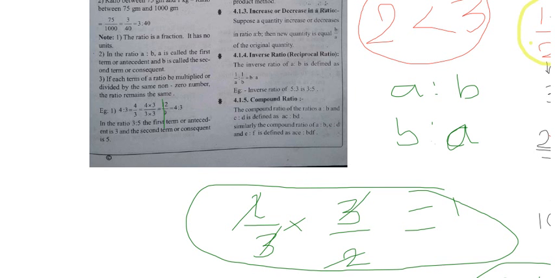Look at the screen. If the ratio is 1 is to 2, then to find the inverse, whatever the number is, just write 1 by that number. Your numerator should be 1, written as 1 by 2, and the other is 1 by 1. After this, what to do?